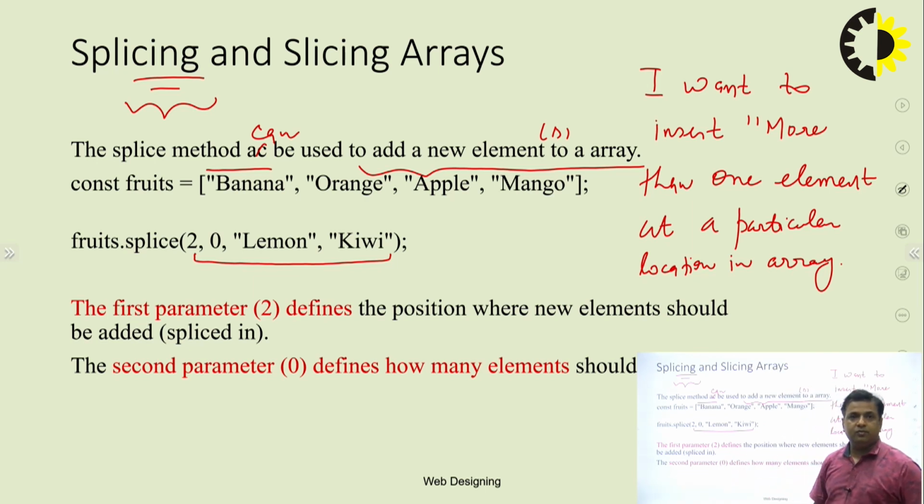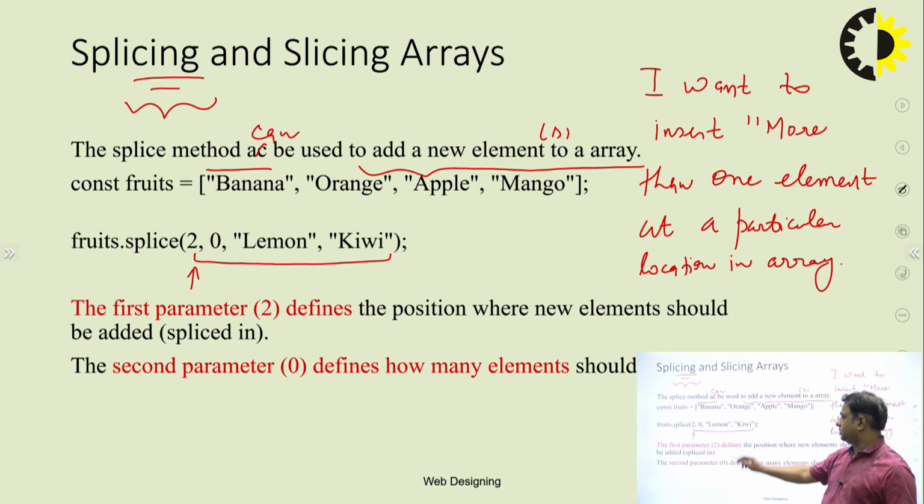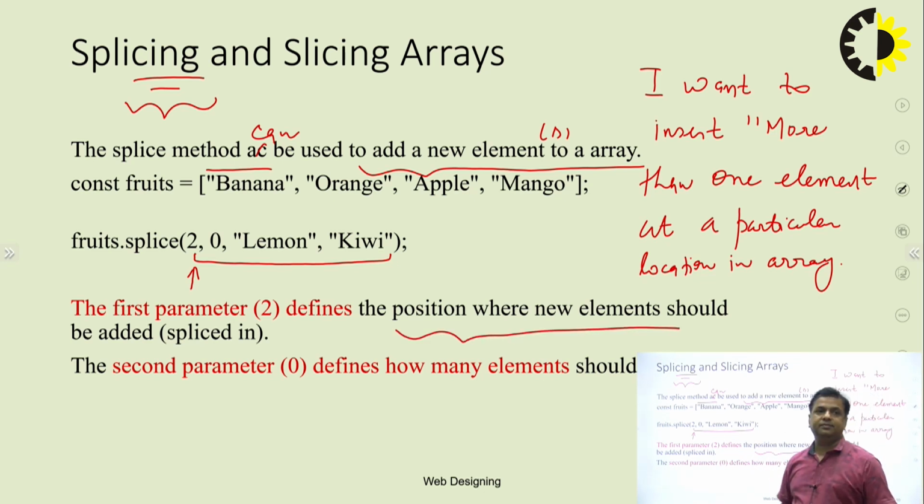And so we should understand the splice method variables, what parameters we have within the splice method, right? So this is the first parameter, this 2 defines the position where the new element should be added.